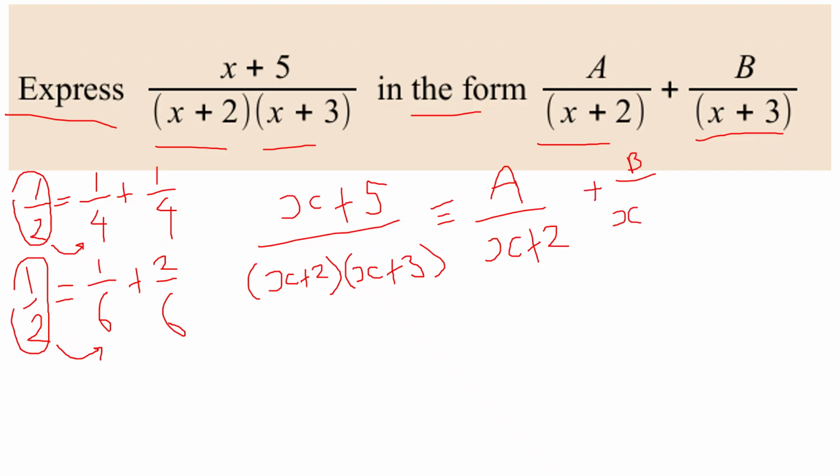Now I'm going to cross multiply, so I'm going to times all three sides. Think of it like an equation, an identity, by (x + 2)(x + 3). So we get x + 5 on the left-hand side of my identity, which is identical to A lots of (x + 3) plus B lots of (x + 2).